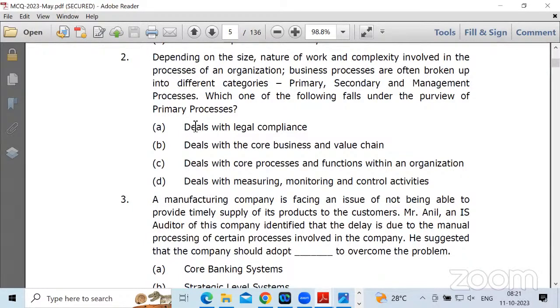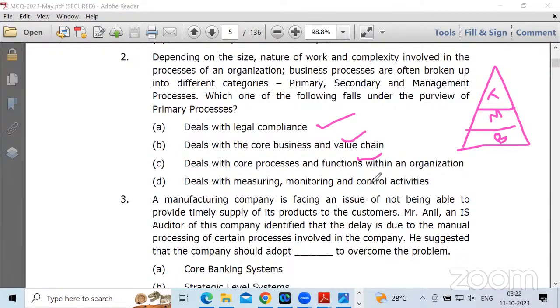If you describe management in three levels, namely bottom level, middle level, and top level management: top level management makes strategic decisions, middle level management tactical decisions, and bottom level management operational decisions. So it deals with legal compliance, deals with the core business value chain, deals with the core business functions within an organization, deals with measuring, monitoring, and control activities.